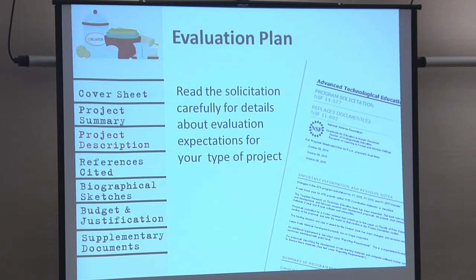So, the evaluation plan. First off, the program solicitation includes specific expectations for evaluation of various kinds of projects. We're not going to get into the nuances of all the different types of projects that you could do right now, but you definitely want to read that solicitation very carefully to make sure that the information that you're providing works.